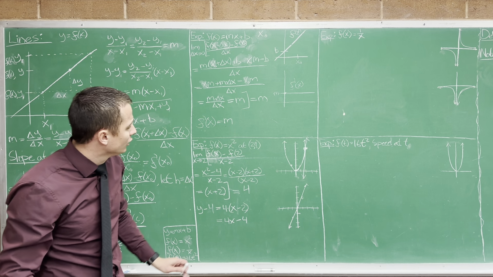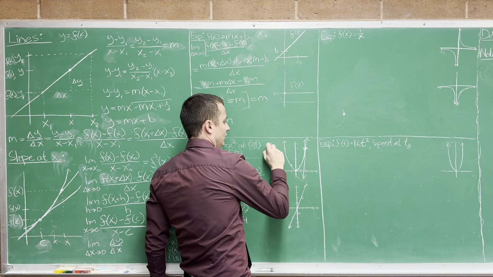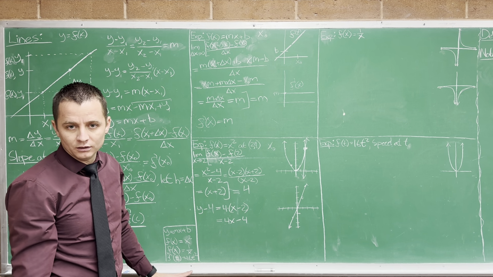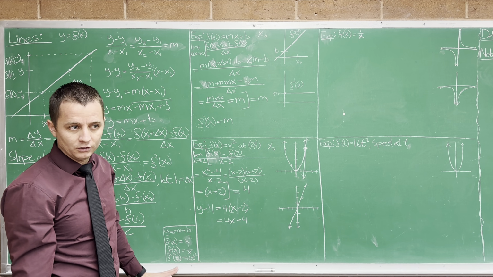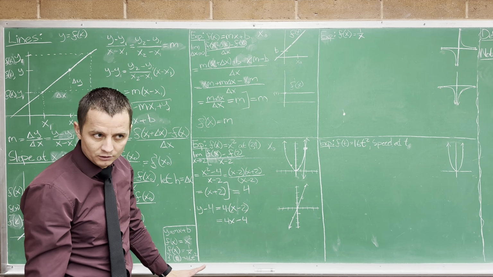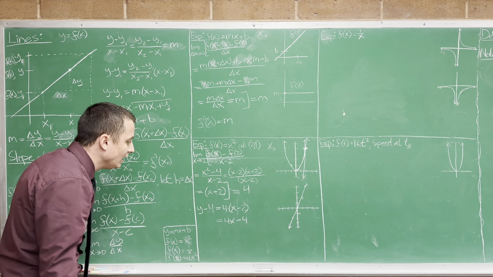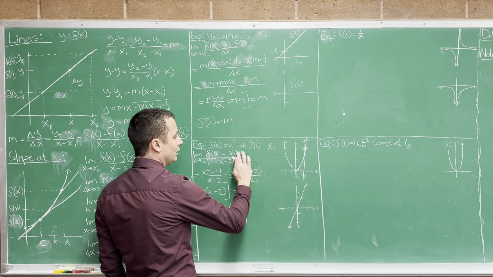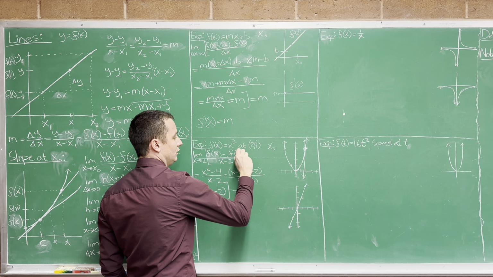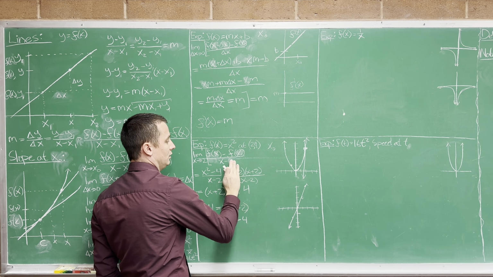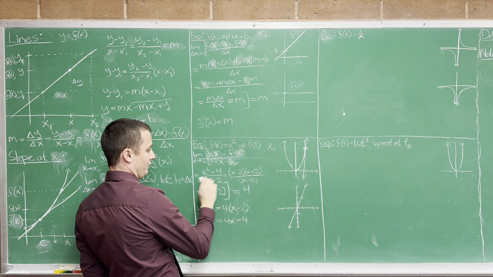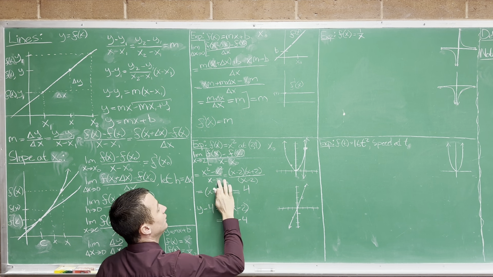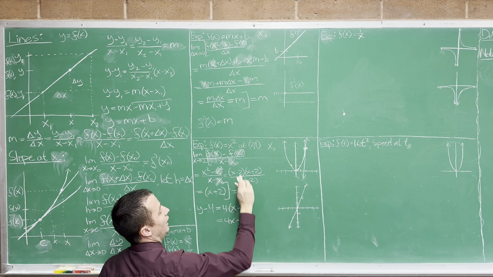But let's also just find the derivative at any point x naught. So now let's find the derivative of this function at any point x naught, rather than at our special number 2. So let's see how it behaves at any point. We know at 2 it goes to 4. Rather than 2's, we just have x naught, right? So x squared minus x naught squared over x minus x naught.